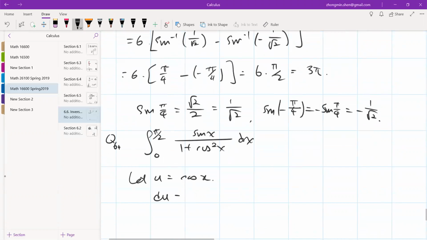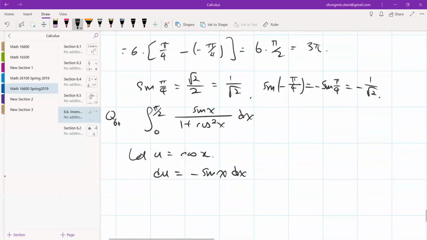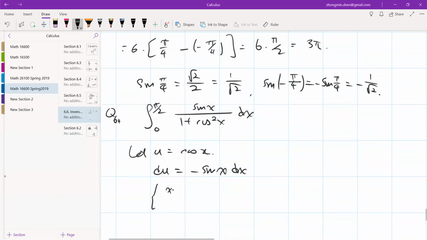Then du equals negative sine x dx. We see that when x equals 0, u equals 1. When x equals pi over 2, u is going to be 0.